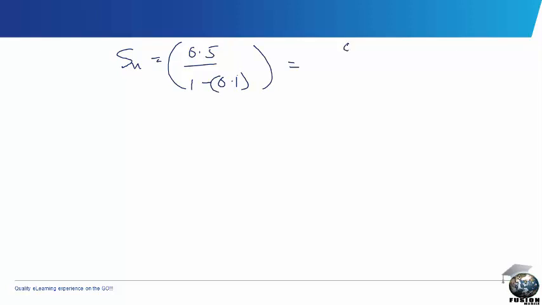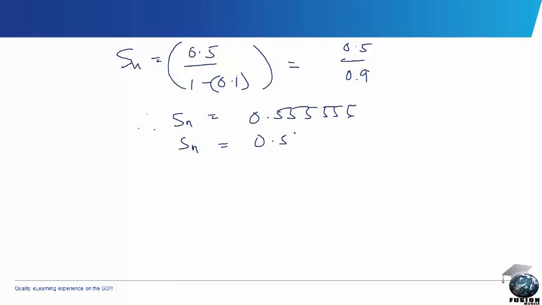This is equal to 0.5 over 0.9. Punching it in your calculator, you have the value 0.5555555. We can't take all these values at once, so we take 4 decimal places: 0.5556. So this is the sum to infinity of this series.